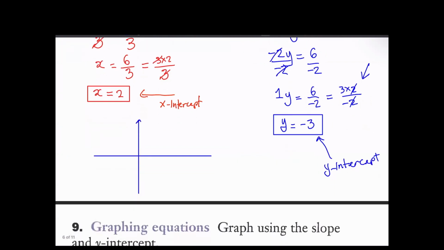Once you have these, you can easily graph the line. So your x-intercept is 2, so I claim that 2 is here. And then negative 3 is somewhere here. So you just connect these 2 dots and you're finished. It's as simple as that. Using the intercepts. That's it.